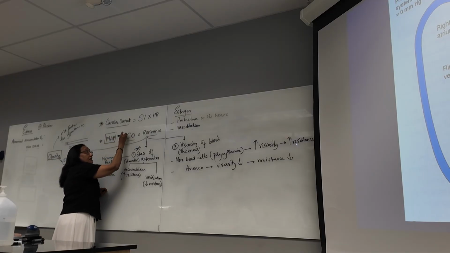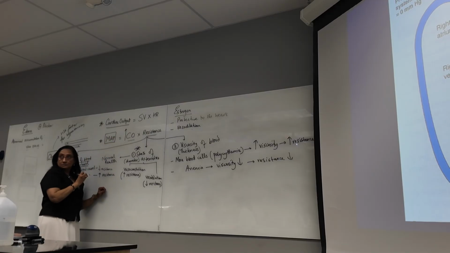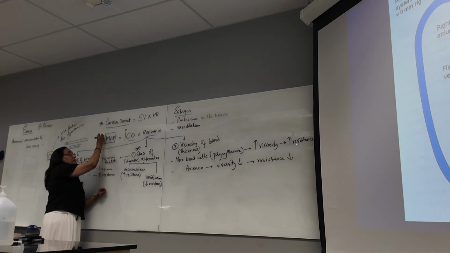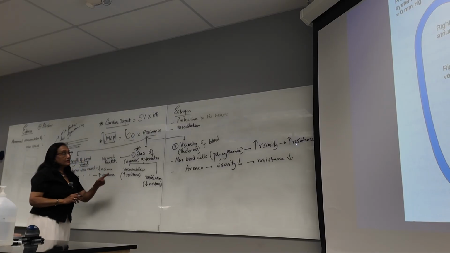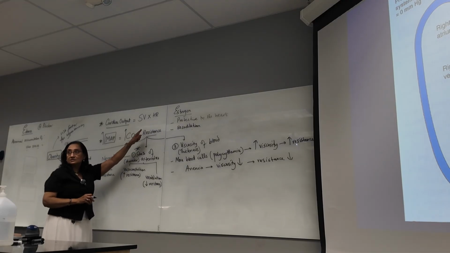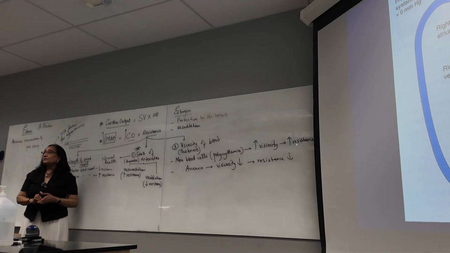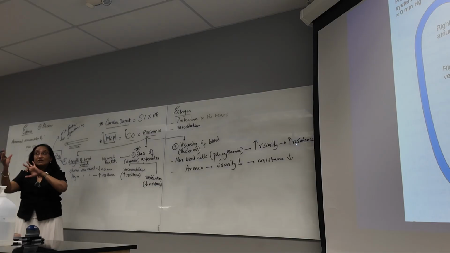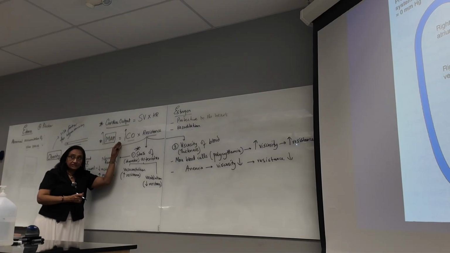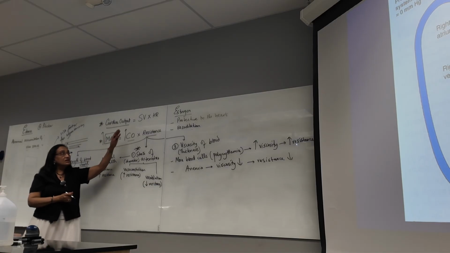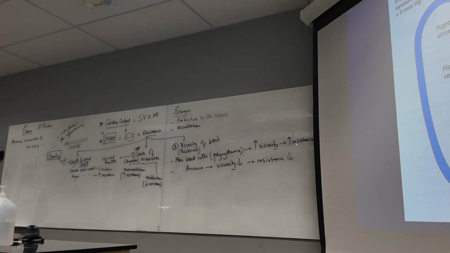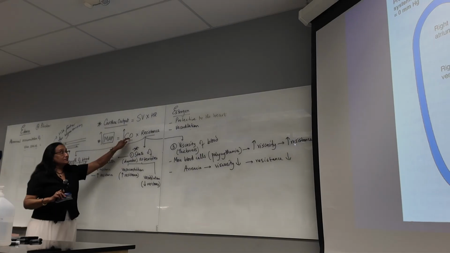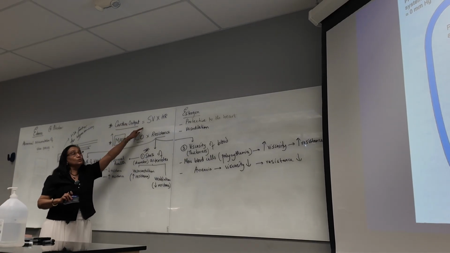So if your cardiac output increases, mean arterial pressure will increase. If the resistance increases, mean arterial pressure will increase. And vice versa. If cardiac output decreases, blood pressure will decrease. If resistance decreases, blood pressure will decrease as well. Okay? Yes, this is important, this equation and this one.